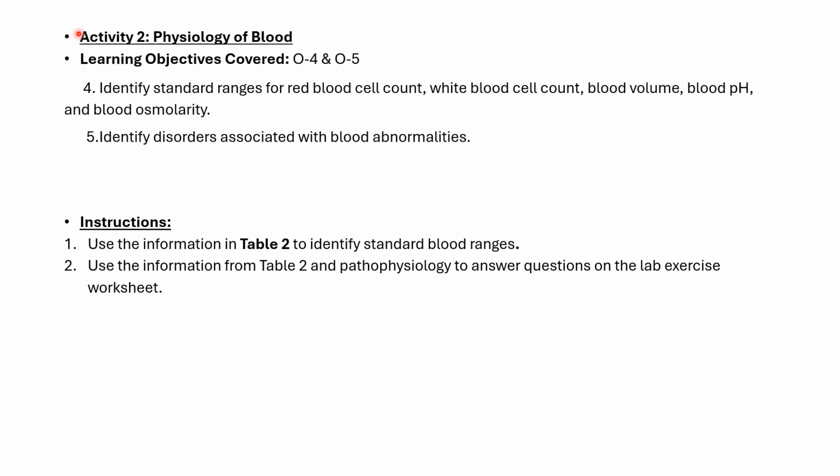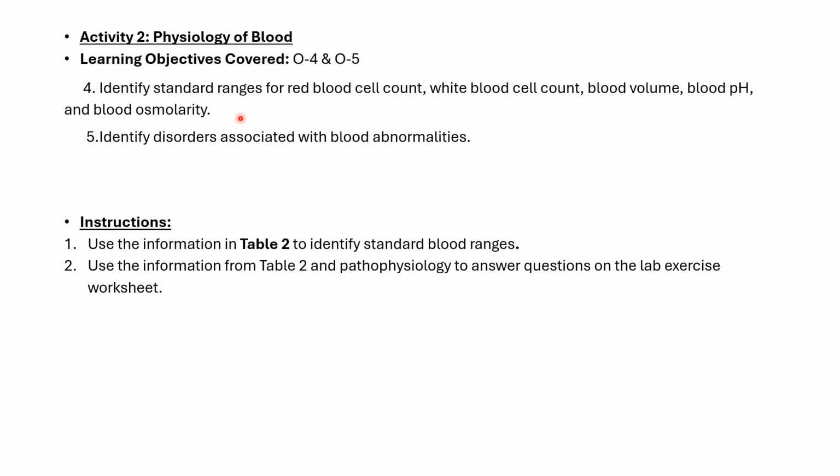All right, then your activity number 2 is learning the physiology of the blood. In this activity, you're going to cover your learning objectives 4 and 5. Learning objective 4 is to identify standard ranges for red blood cell count, white blood cell count, blood volume, blood pH, and blood osmolarity. Why do we need to know the normal range?